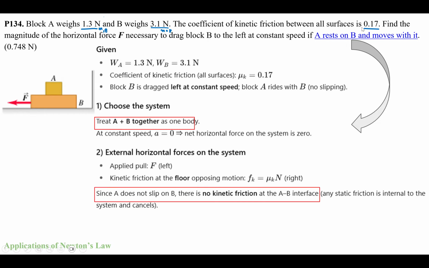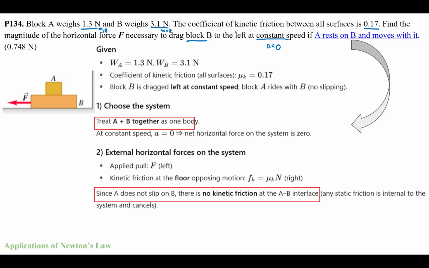Find the magnitude of the horizontal force F necessary to drag block B to the left at a constant speed. So no accelerations. If A rests on B and moves with it.